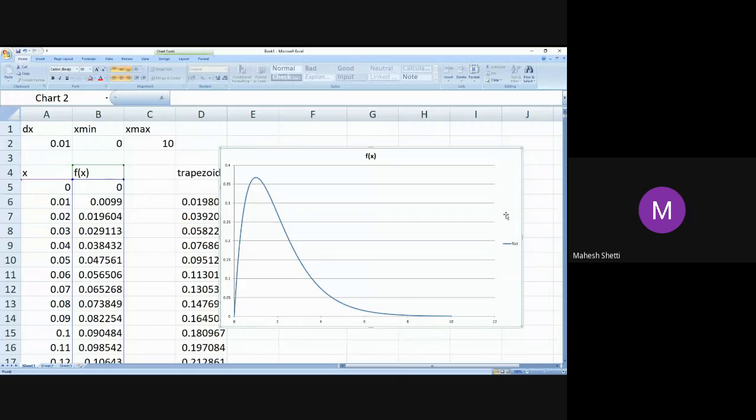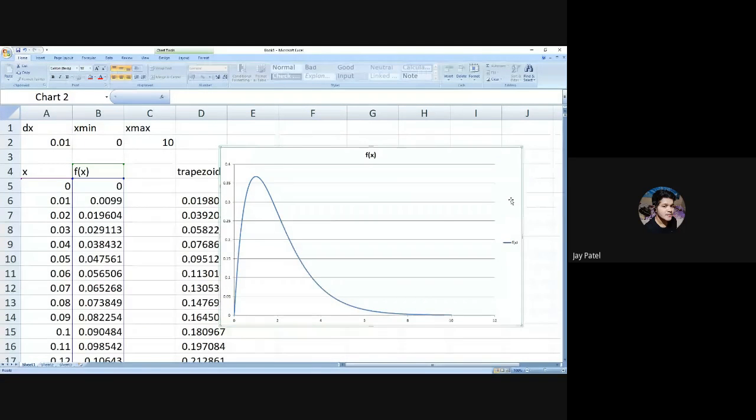It is an improper integral, remember. Improper integral means one of the limits is going to infinity. So if one of the limits is approaching infinity, we can check like this, and that can tell you how much area under the curve you are neglecting if you are restricting yourself to a finite value.